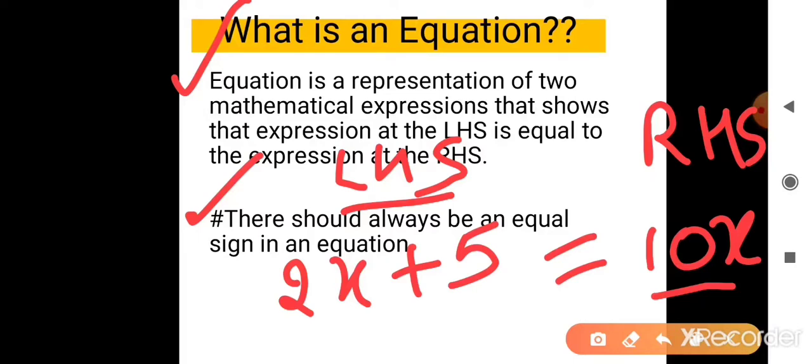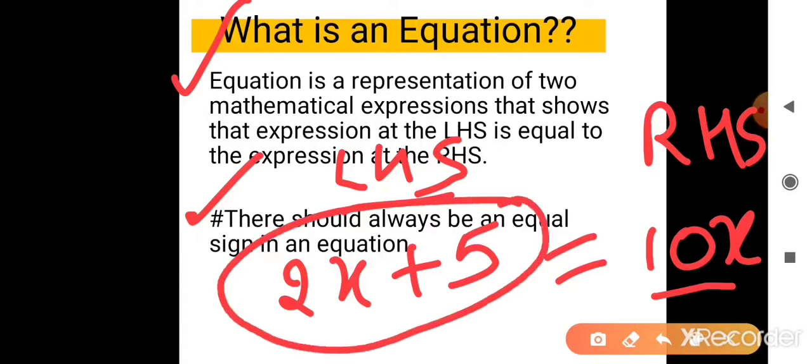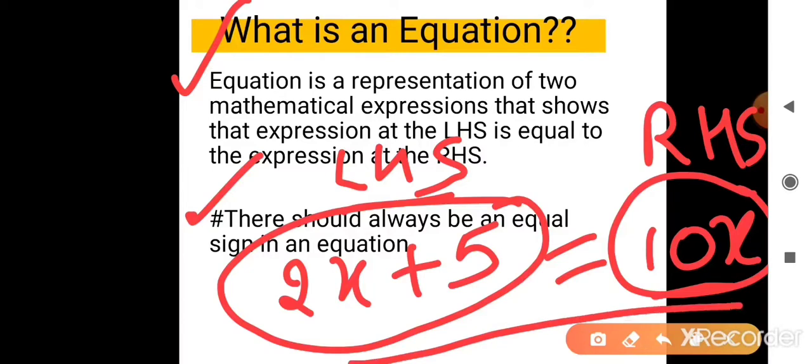And with this, it also indicates that the expression at the left hand side, which is twice x plus 5 here, is always equal to the expression at the right hand side, which is our 10x. Okay, so this together is an example of an equation. I hope this part is clear to you.